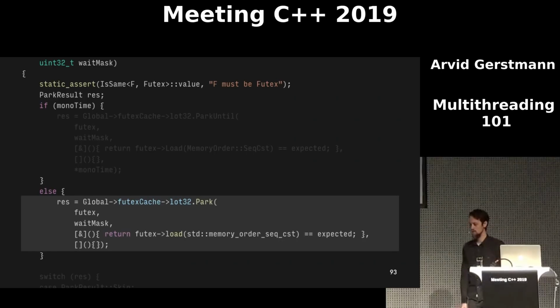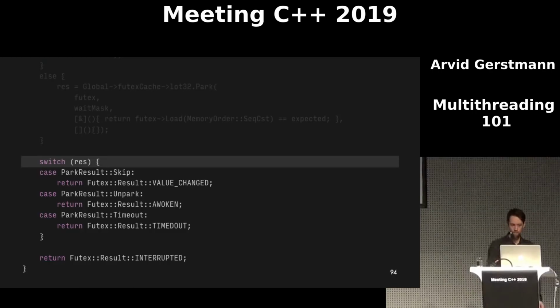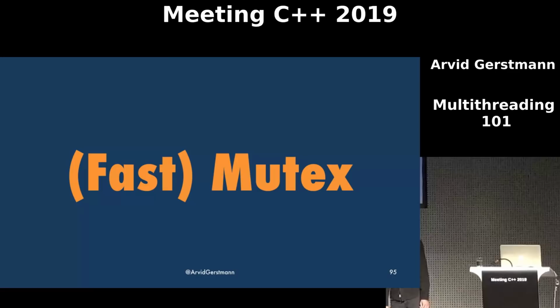The park condition is checking whether the futex is matching the expected value, and this is exactly the same behavior as our Linux futex. And then we translate the results of our parking lot into the results of our emulated futex, and we return it.